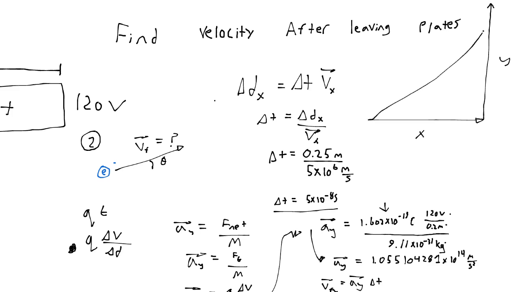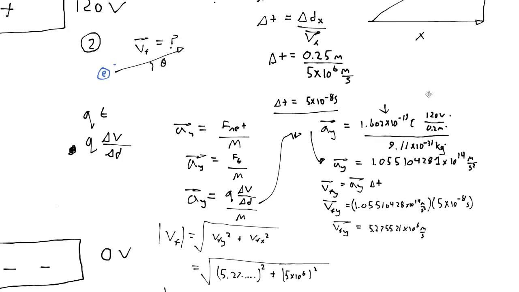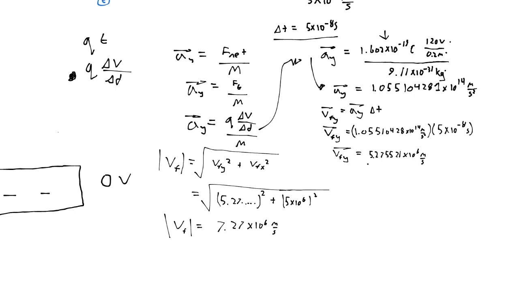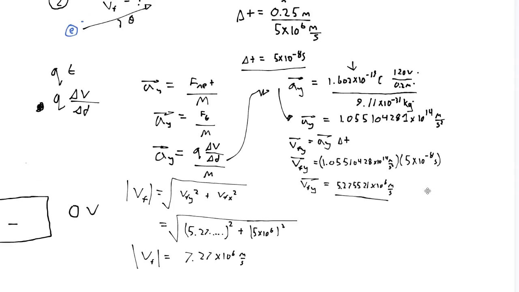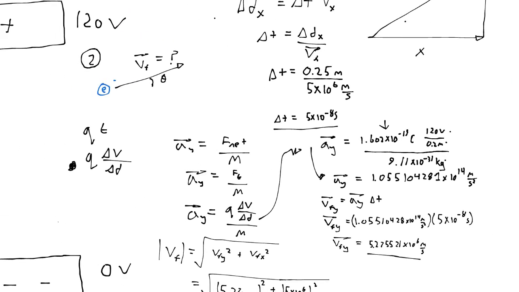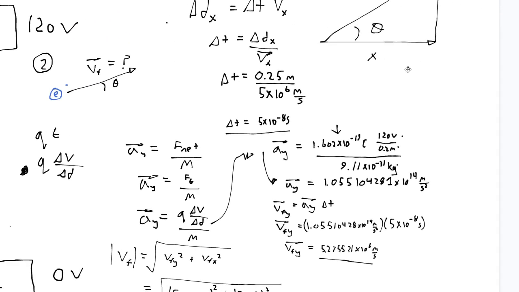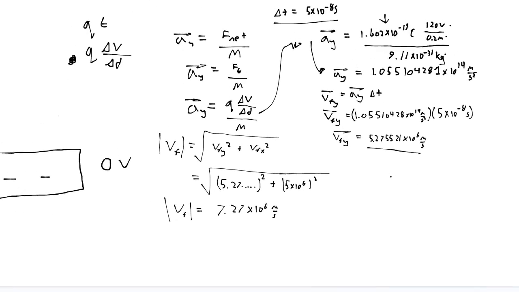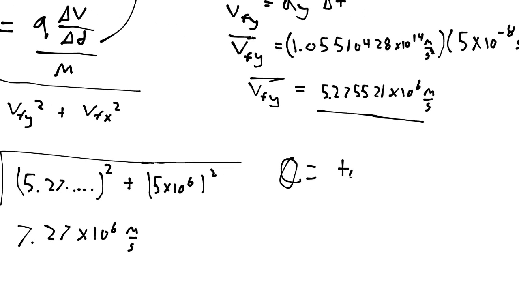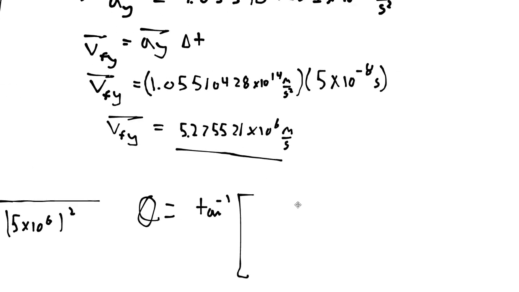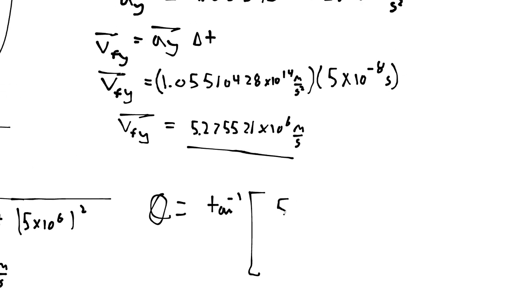Now the theta is going to be very close to 45 degrees, right? Because let's look at this, right? So it's 5.27. This one is just 5. And then they're both times 10 to the 6. So they're going to be very close to 45 degrees. And that's theta in there. So I'm going to do opposite over adjacent. So theta equals tan inverse of opposite over adjacent, so 5.27 over 5.